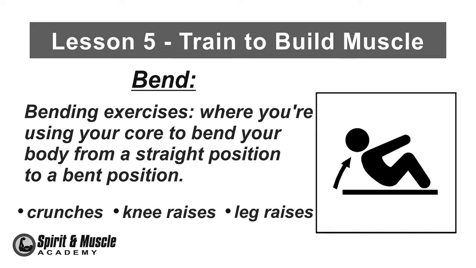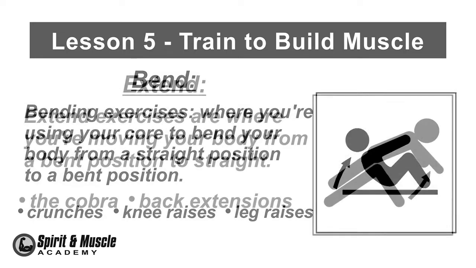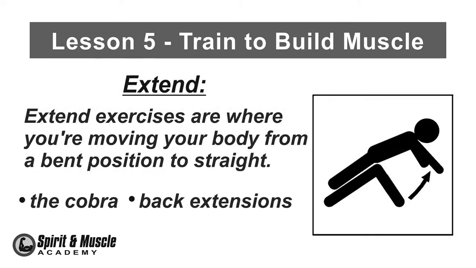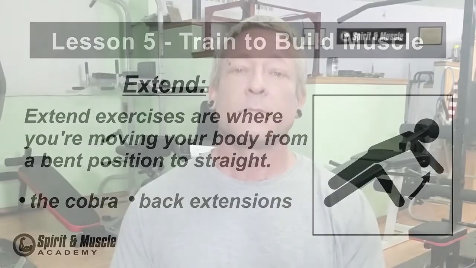Bending means you're using your core to bend your body from a straight position to a bent position. Exercises include crunches, knee raises, and leg raises. Extend. Extend is for your core also, focusing on your lower back muscles. Think of it as the opposite of bending exercises, where you're moving your body from a bent position to a straight position. Exercises include the cobra and back extensions.